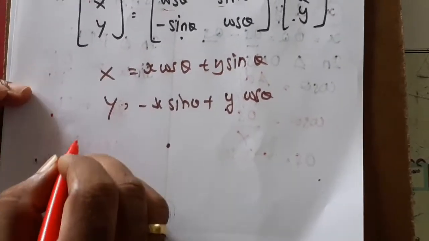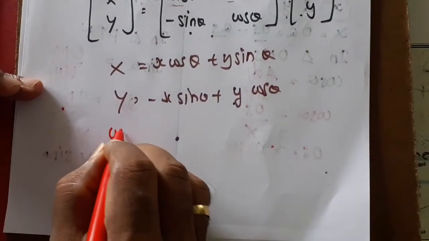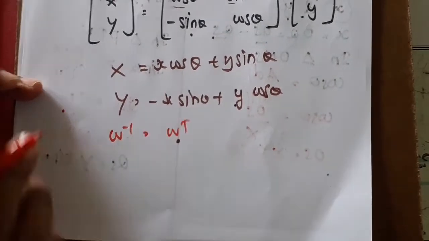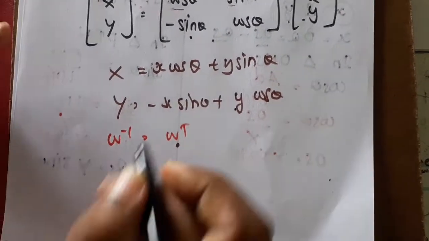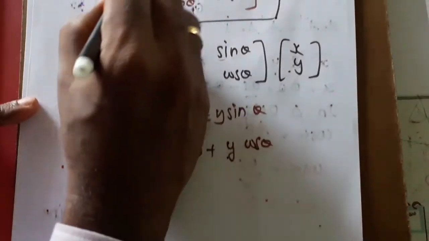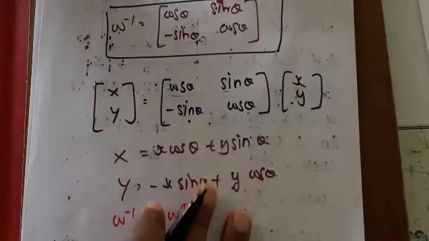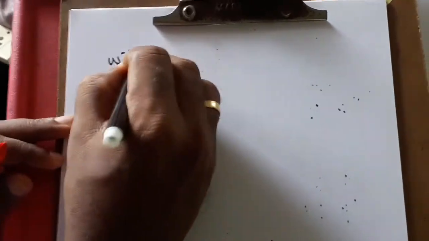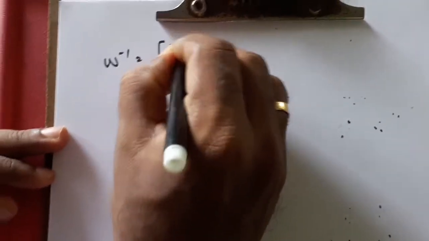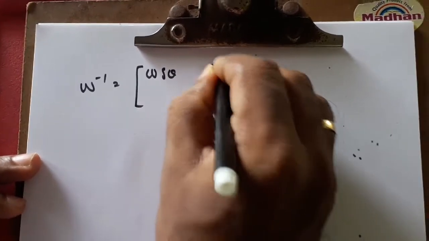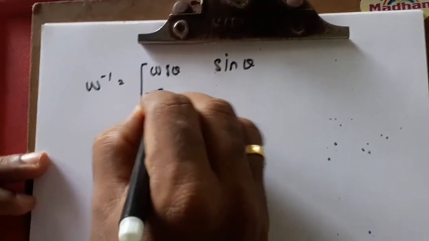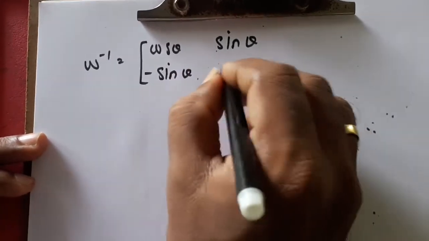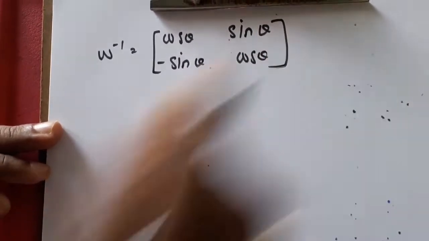Now we are checking the condition. What is the main condition? The inverse of the term is equal to the transpose of the function. We can check it. I would like to write once again: the inverse of the term, W inverse, is equal to cos theta, sin theta, minus sin theta and cos theta.